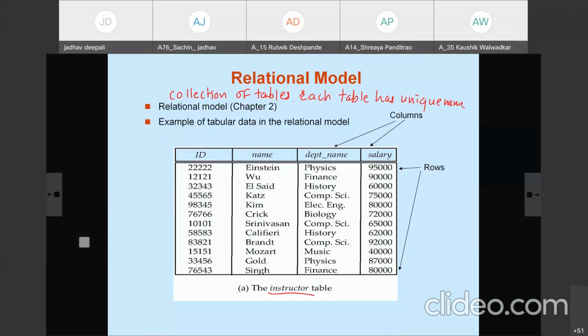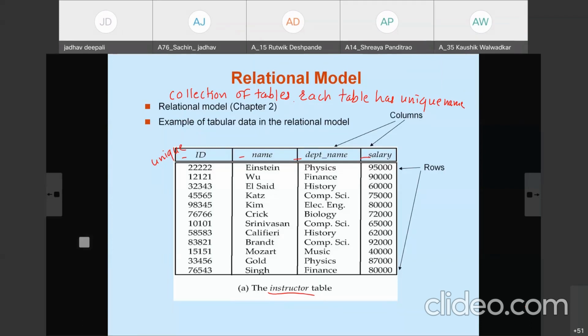The name of the table here is instructor. Each table consists of some number of columns, and each column has a unique name. So in this way, we can define the relational model simply: the relational model is a collection of tables.